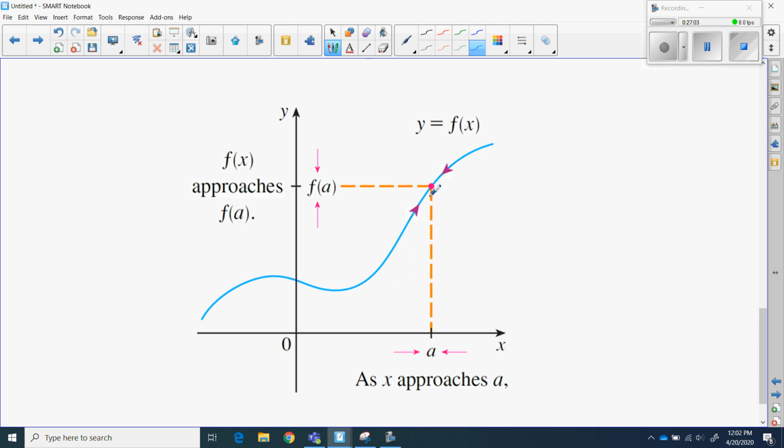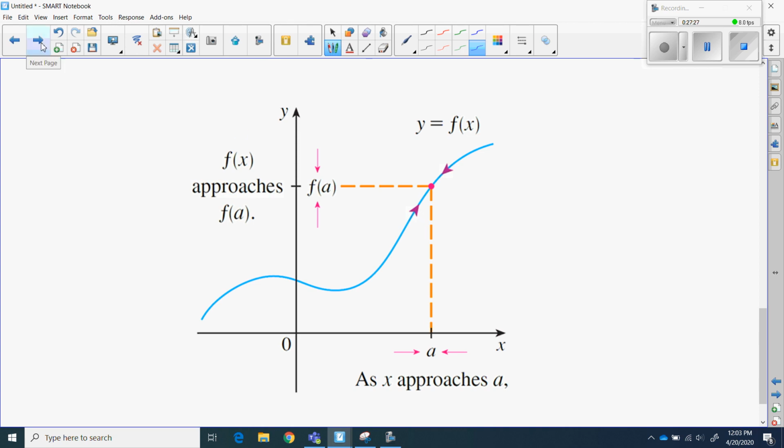So if I pick here, when you come from the left side and from the right side, you're getting close to that number. When you fill that number in, you get that pink dot as well. So left side, right side, and at the number are all the same thing. They're all getting close to that number, whatever it is on the y scale. That's a picture of what we mean by perfectly continuous, or continuity.